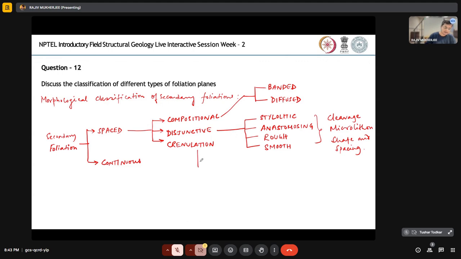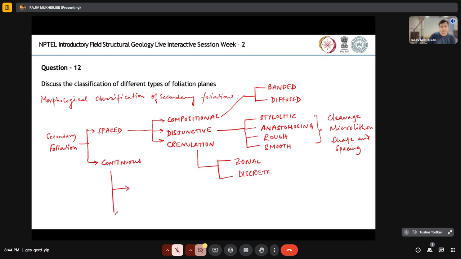Then comes crenulation. Crenulation can be divided into two categories. One is zonal crenulation and the other one is discrete crenulation. Right? And then comes the continuous cleavage.